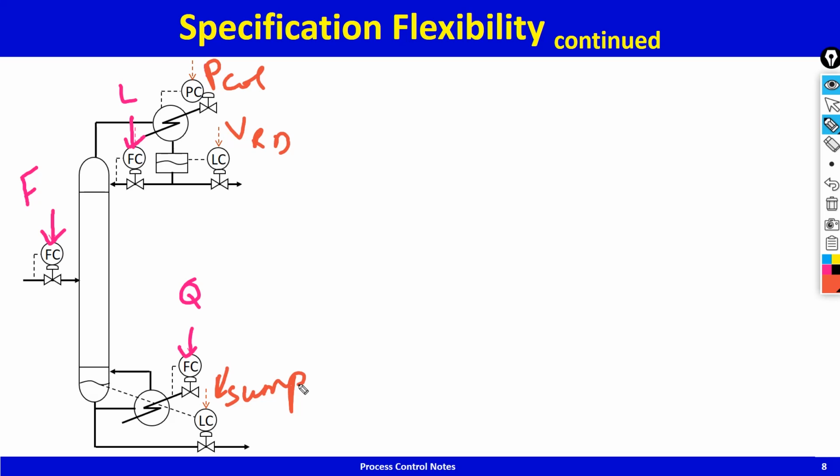As far as the steady state degrees of freedom, the steady state specifications for the simple control structure that has been shown, are F, L and Q.